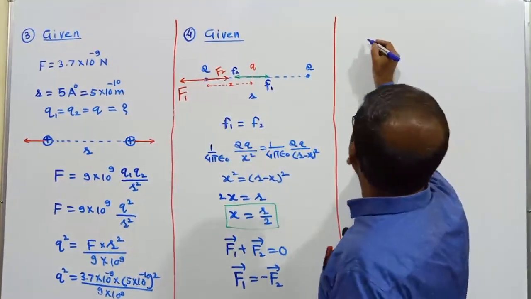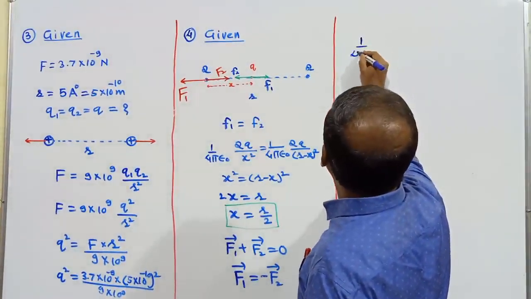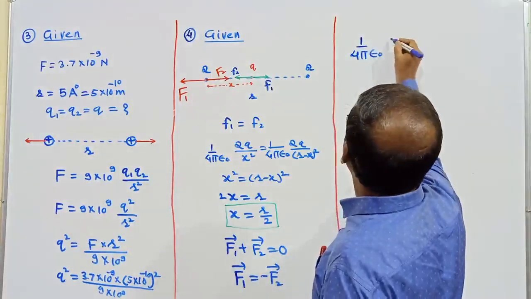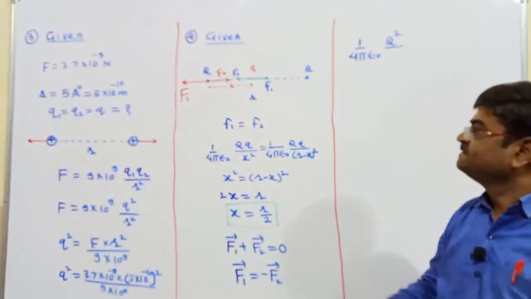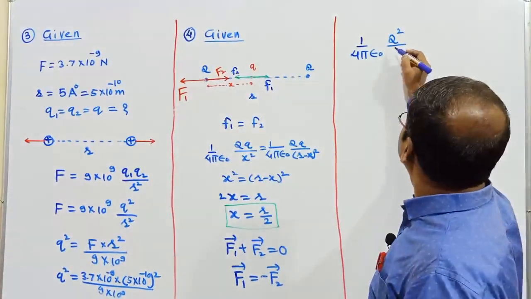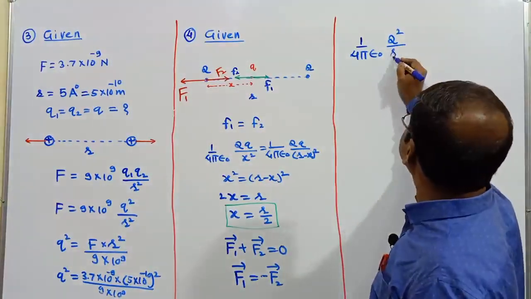I can work out that 1 upon 4 pi epsilon 0 q square divided by the separation between them, r square.